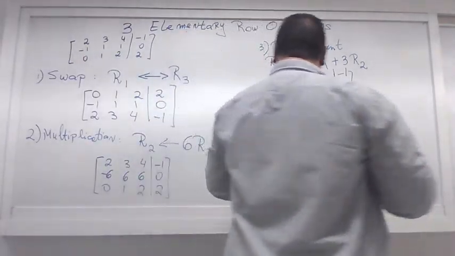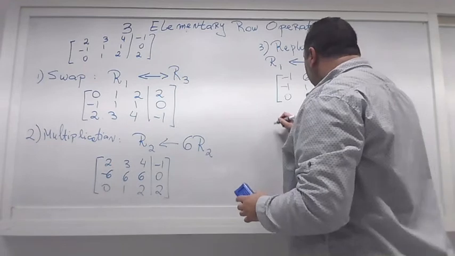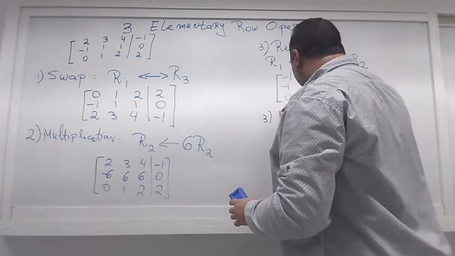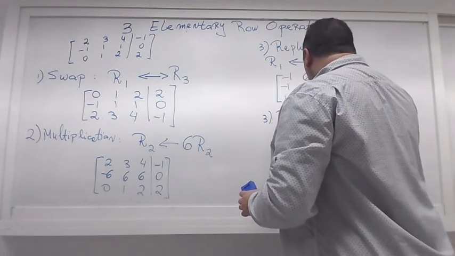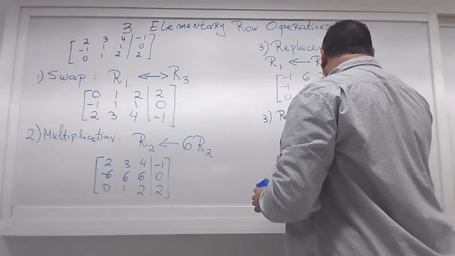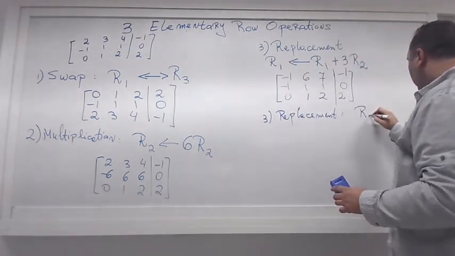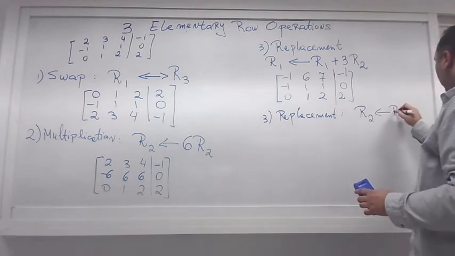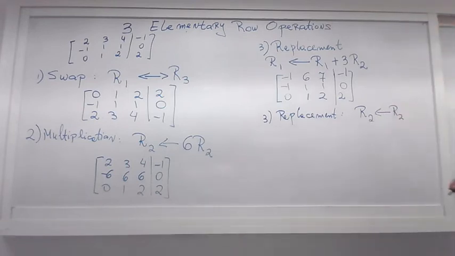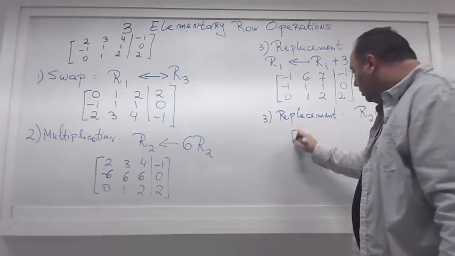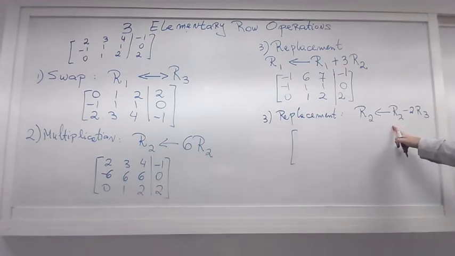Okay. Another example with the replacement. So let's say I take row 2 and replace it by row 2 minus 2 times row 3 for fun. So row 2 is changing.